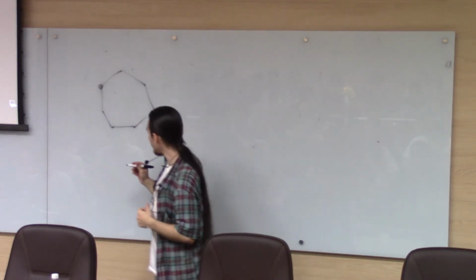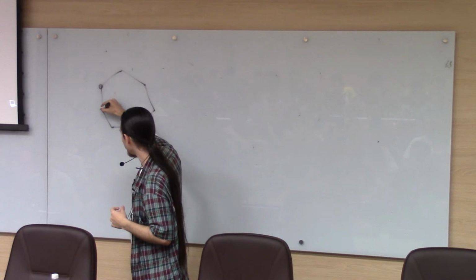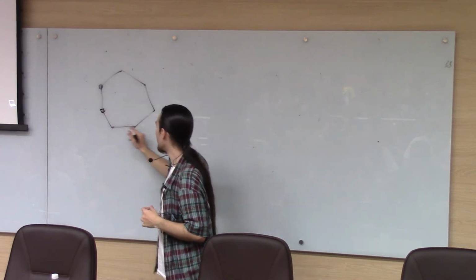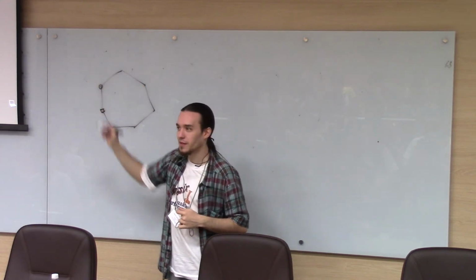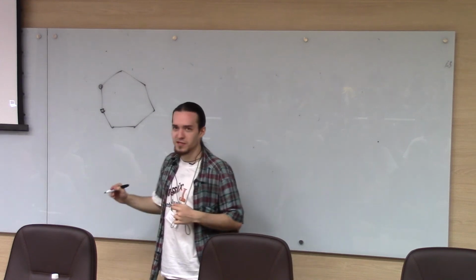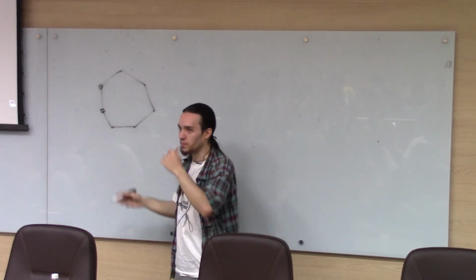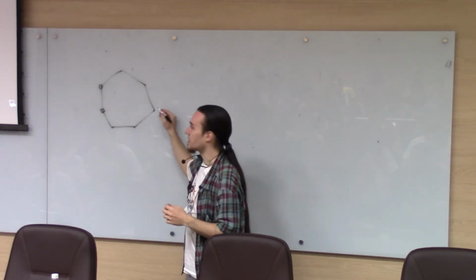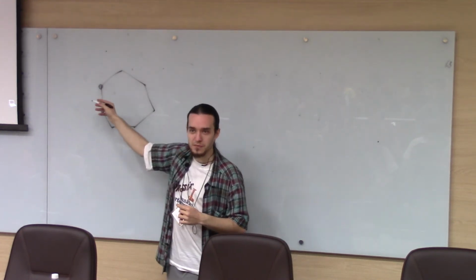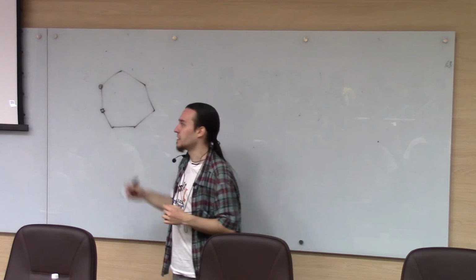Okay, well, it seems that if I start at this point and move counterclockwise, then the distance from this point to the other point increases up to some point and then it decreases, right?